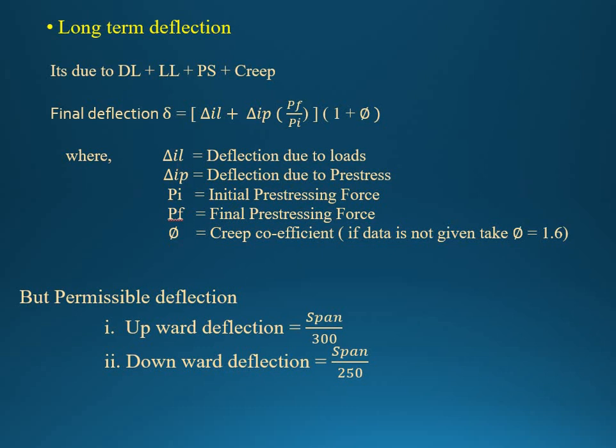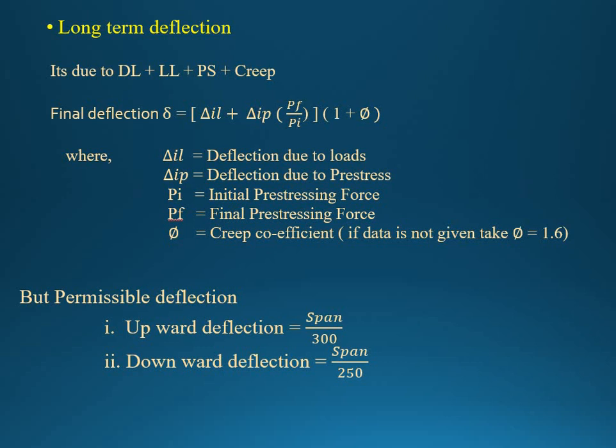First of all, this notation stands for delta IL equal to deflection due to loads. Here you should be careful. Deflection due to loads means you should consider both the dead load as well as live load values. After adding deflection due to dead load and deflection due to live load, we will get delta IL.